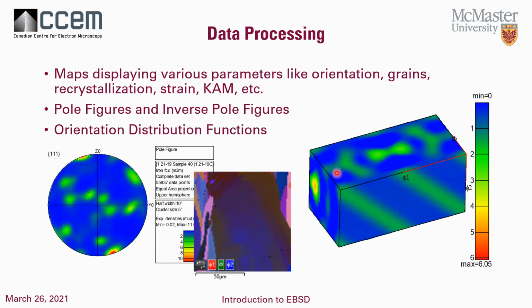Also, if you really like to get into mind-bending things, you can look at things in three-dimensional Euler space, so orientation distribution functions, and look at different ideal crystal structures and the relationships in the data that you have.